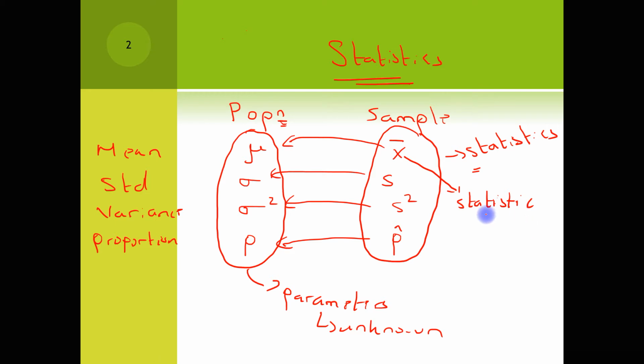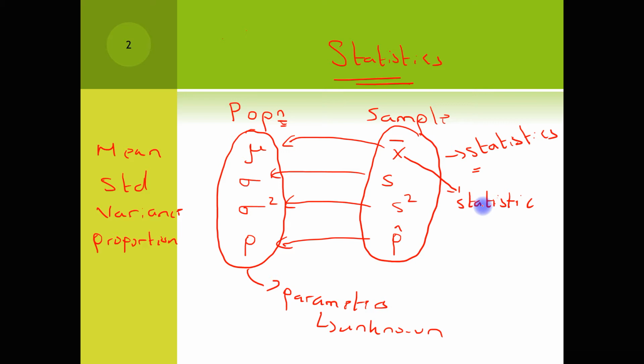Now understand something. When I'm talking about a statistic, what is the formal definition of a statistic? A statistic is a rule or a formula that you are going to use to estimate a population parameter, a parameter simply.